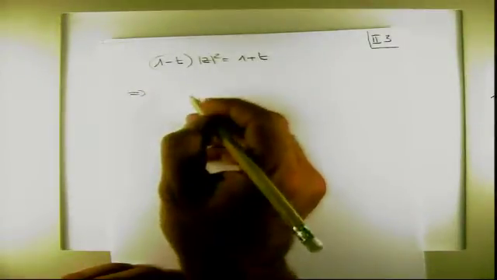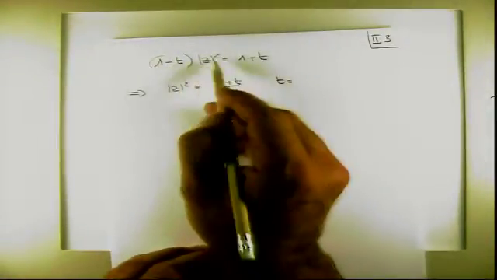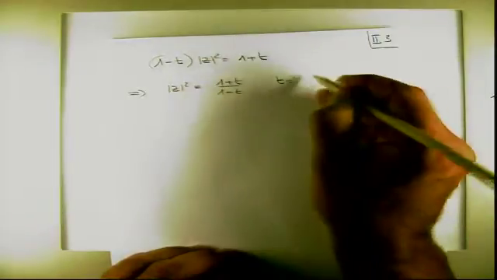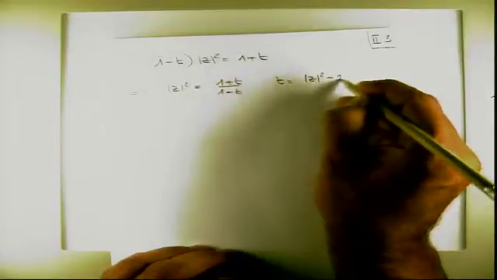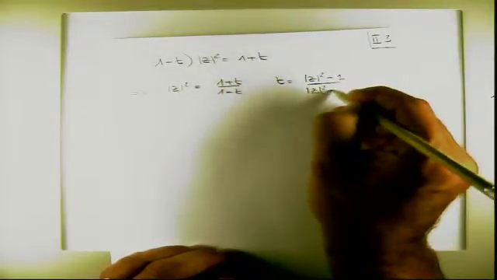In other words, modulus of z squared is 1 plus t over 1 minus t, and I can also obtain t from this, which is what we need to obtain capital Z. And t is, quite simply, putting t on the right-hand side, modulus of z squared minus 1 over modulus of z squared plus 1. Correct? So for this t, I have capital Z.